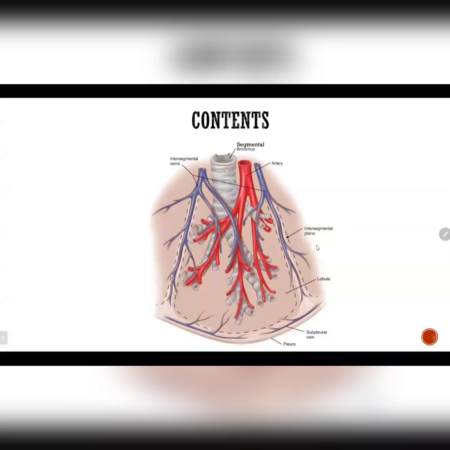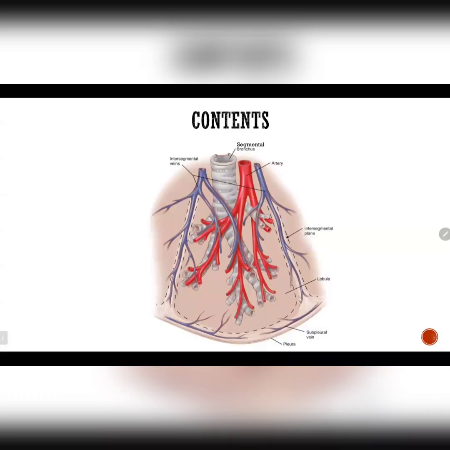So this is the bronchopulmonary segment, which is pyramidal or conical in shape, or triangular, as some of you said. These dotted lines represent the border of the bronchopulmonary segment, and there is an intersegmental plane between two adjacent bronchopulmonary segments. This intersegmental plane is made of connective tissue.